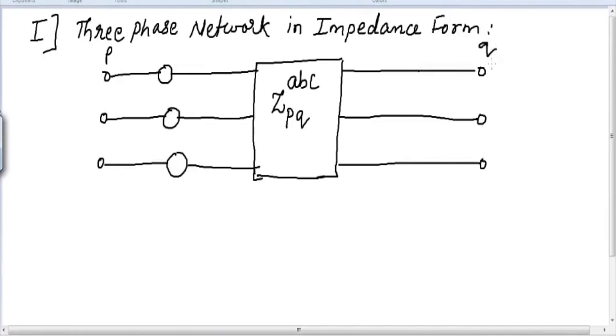So I hope you all are familiar with this terminology PQ, right? I hope every one of you is quite familiar with this terminology PQ. We have solved many numericals related to this PQ in Unit number 2.